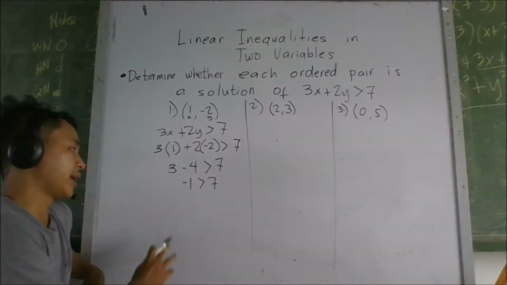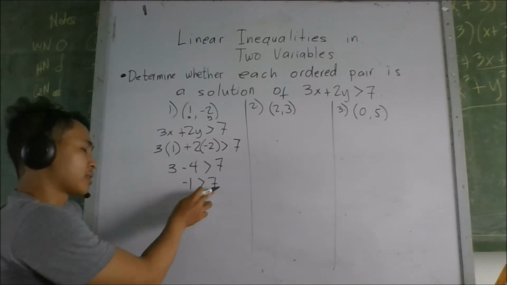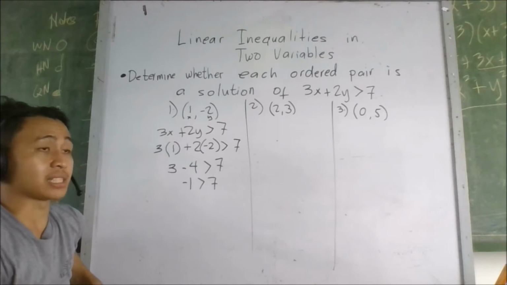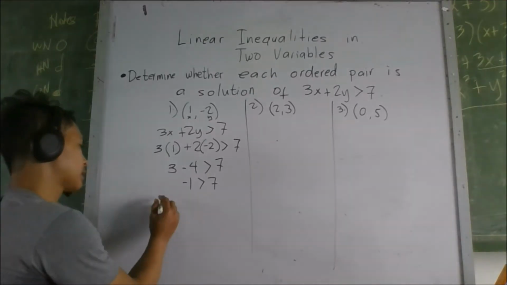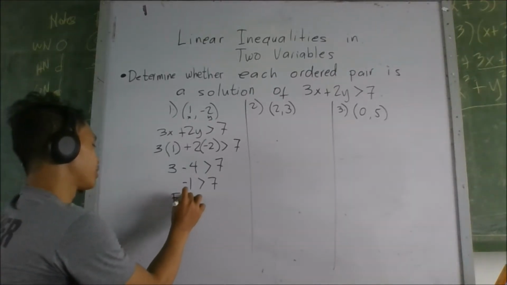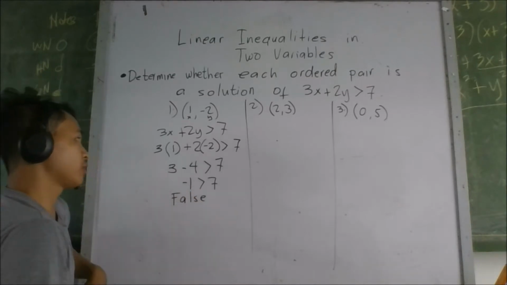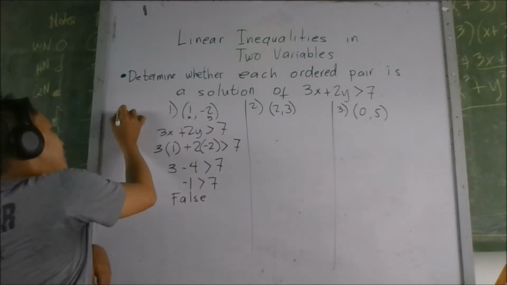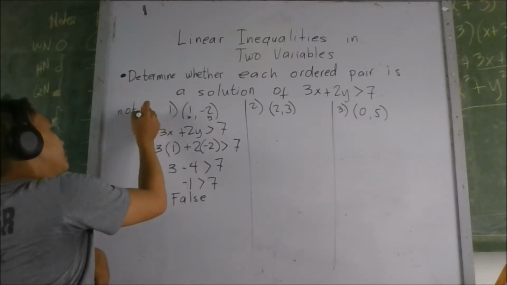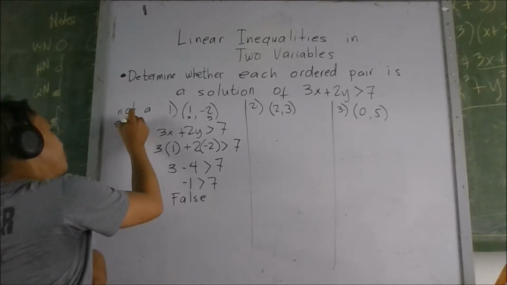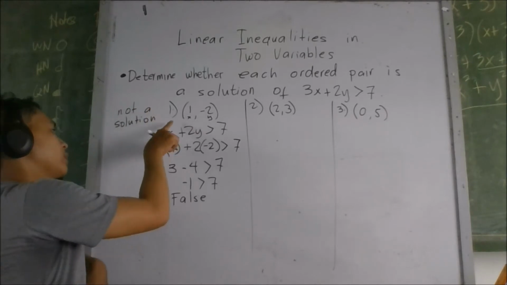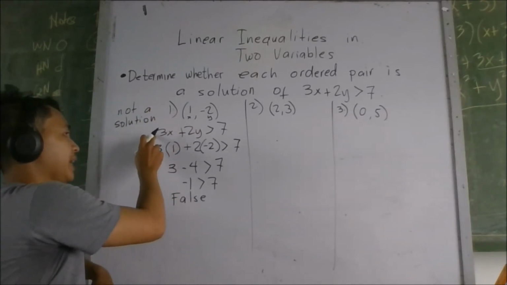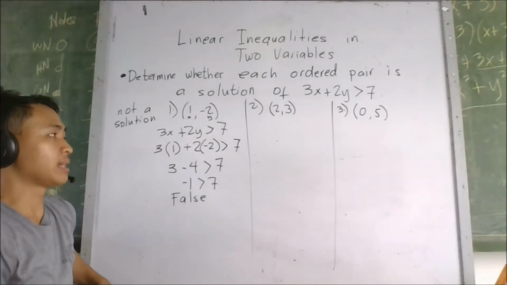The question here, is negative 1 greater than 7 or not? No, it is not greater than 7. It is less than 7. Therefore, this statement is false. And if it is false, we can say na yung 1, negative 2, is not a solution of our inequality.